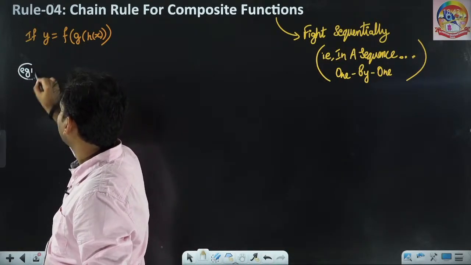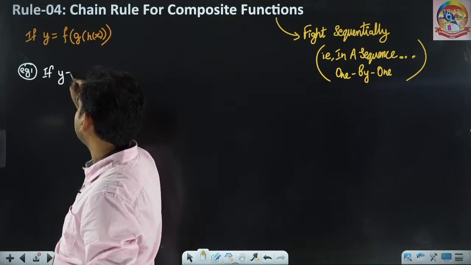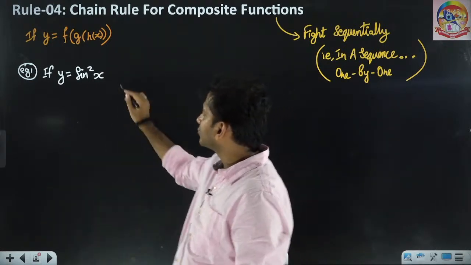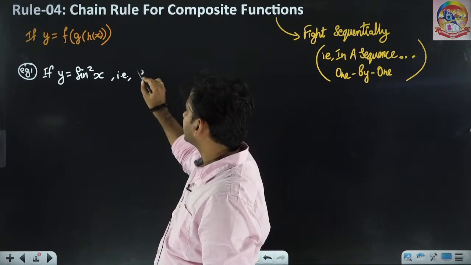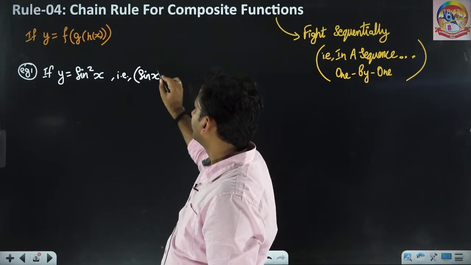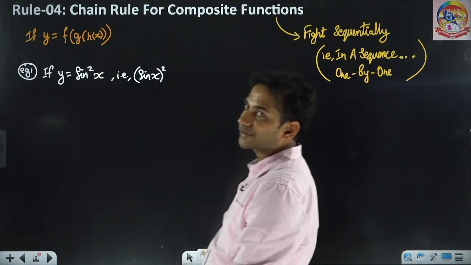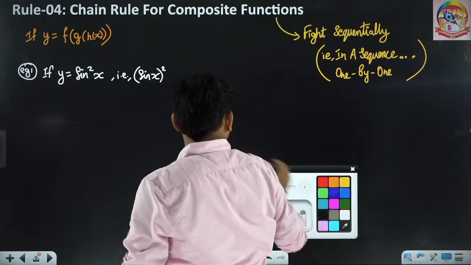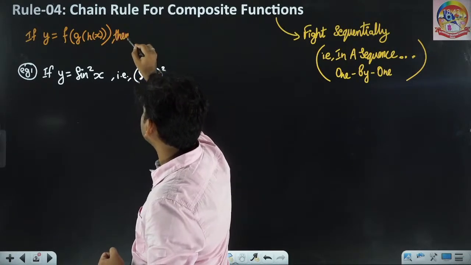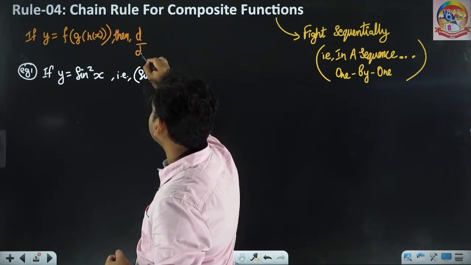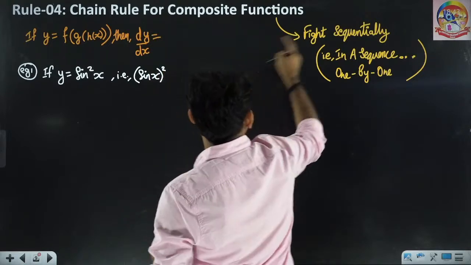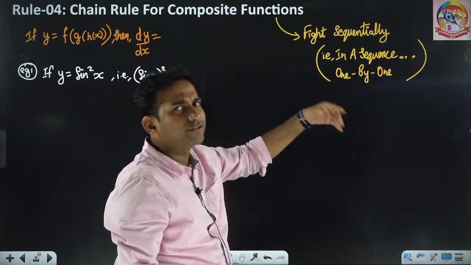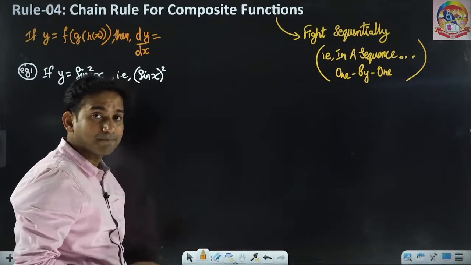Example number 1: if y is equal to sine square x, that is, sine x whole square. Then its derivative dy by dx: you have to fight sequentially, meaning one by one you differentiate all the functions.